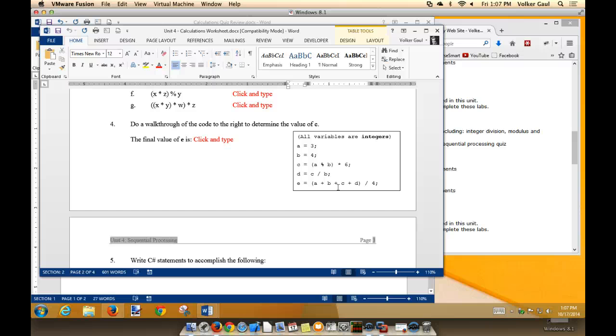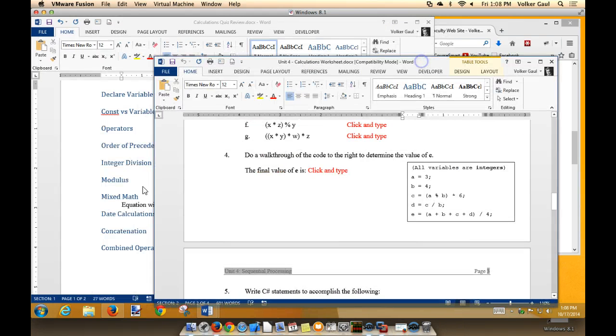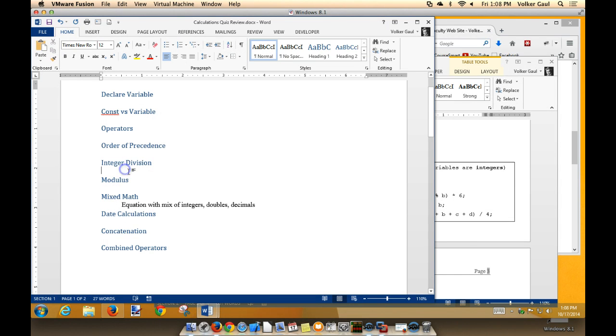So whenever you do integer division, that's another one of the items on my list, right? Whenever you do integer division, any decimals are dropped. But why would there be decimals?